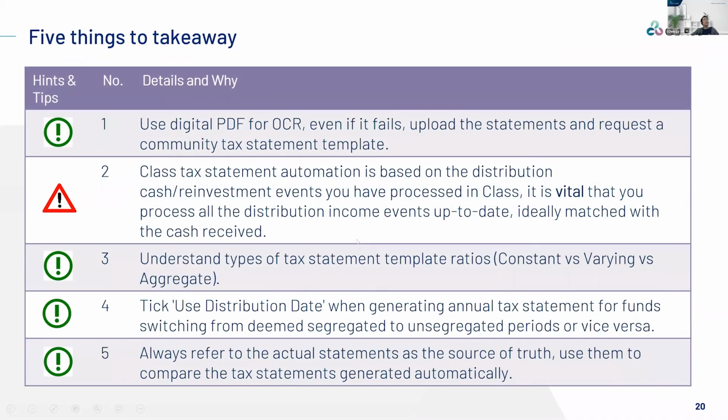There are a few key things to take away. First of all, in terms of the digital PDF that some of the end users are trying to OCR via the function in the OCR tax statement console, sometimes even if it fails, we still recommend to upload the statement, either directly to the upload function in the console, or if we navigate to fund document and drop the file to upload in there, then you could consider requesting the tax statement automation template by sending an email to support@class.com.au.